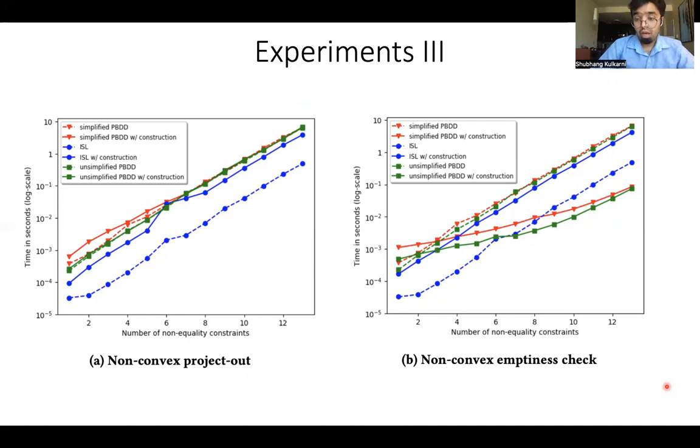However, we do find that instead of restricting our attention to just these base operations, if we consider the time of construction of these polyhedra along with the base set operation, then in both scenarios, the PBDD representation either performs better or at least comparable to that of ISL.